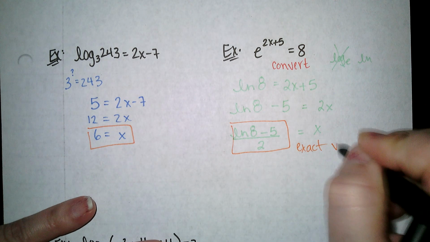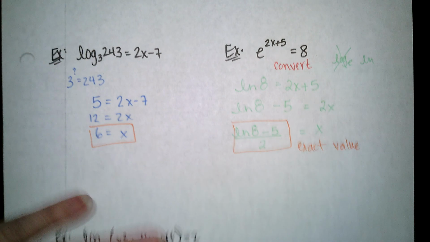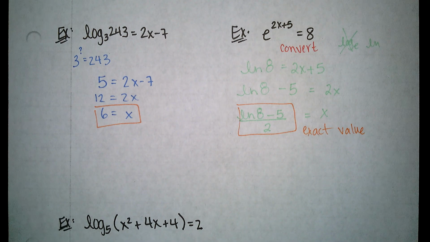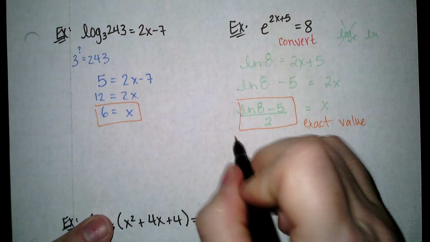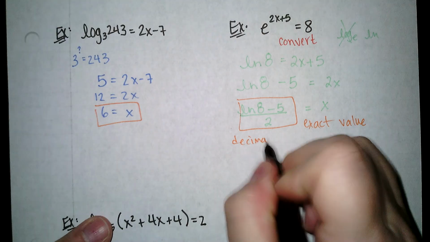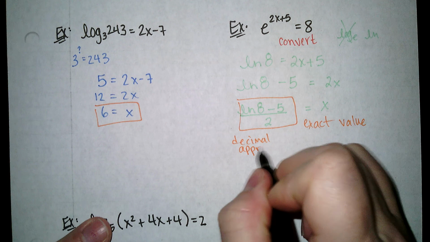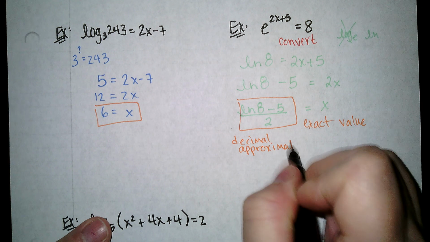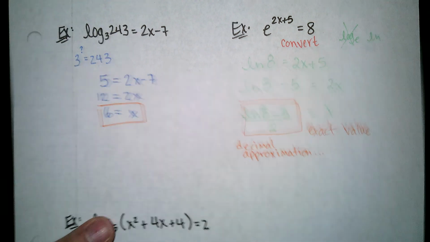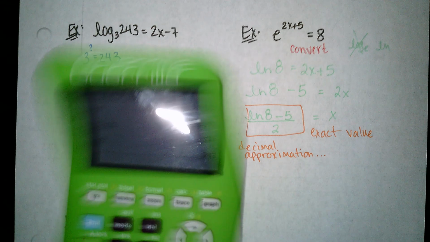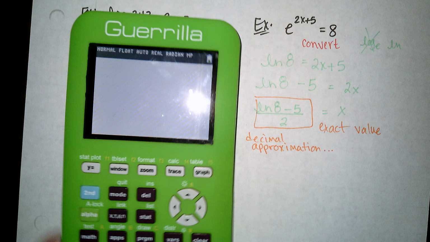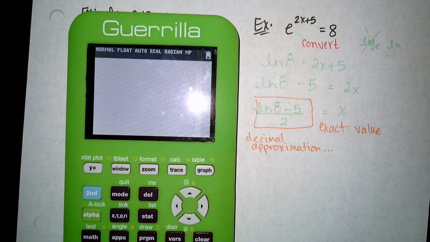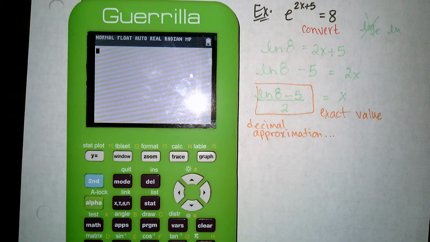And that's what I'm looking for when you answer a question for me. But they may ask you for a decimal approximation. And in that case, you will need to move to your calculator and then answer to whatever level of accuracy they request of you. So for our decimal approximation, we're going to ask the calculator to do the natural log of 8.